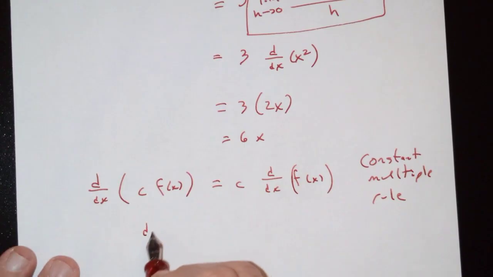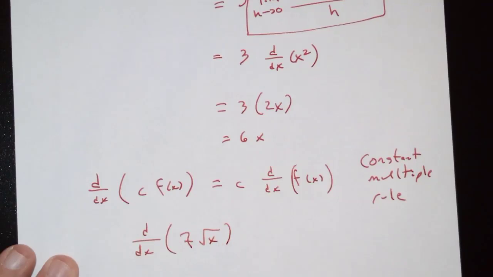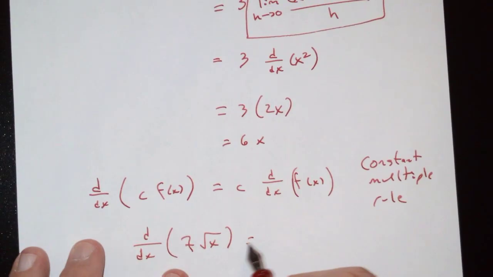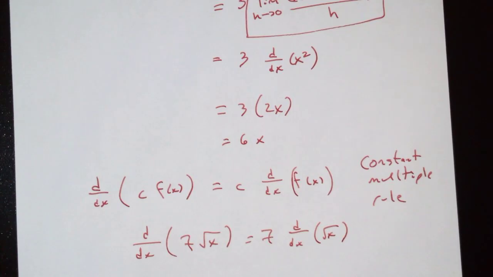So the derivative of 7 root x is 7 times the derivative of the square root of x. But now I need to know how to do the square root of x. How do I do the square root of x?